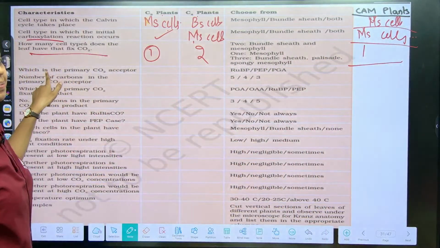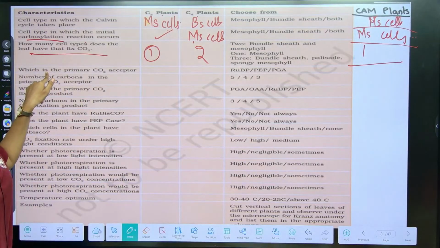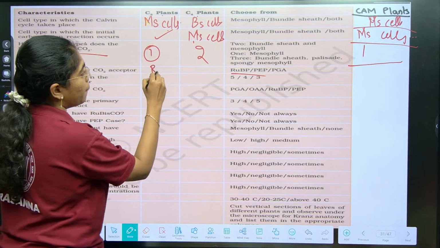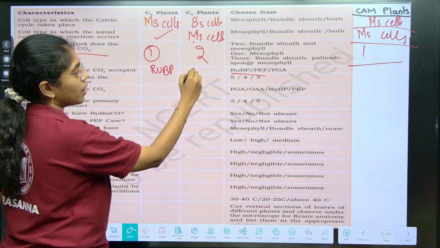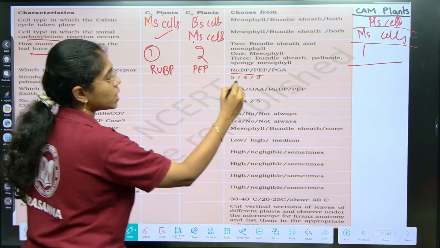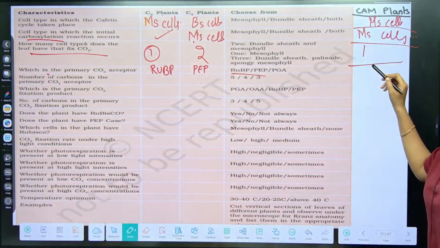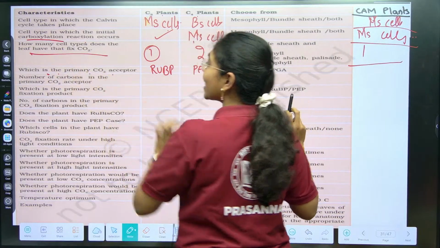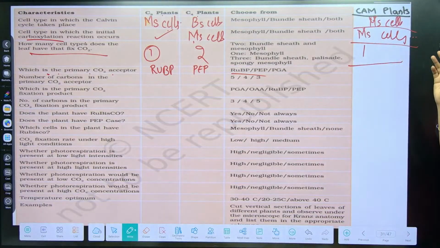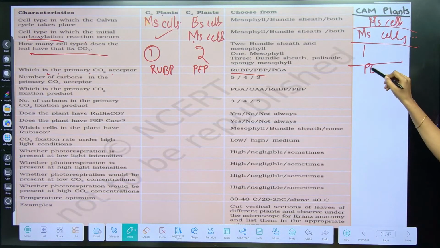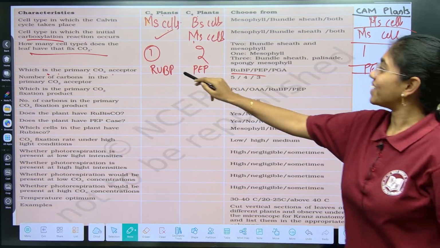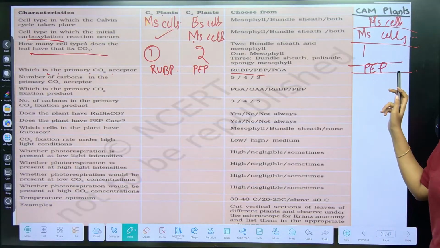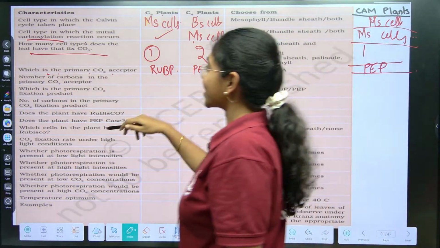Now team A. Which is the primary carbon dioxide acceptor? Team B. Team C. Which is the primary carbon dioxide acceptor in CAM cycle? You said RuBP, then phosphoenol pyruvate, and you are saying phosphoglyceric acid. Next question. Think and answer.